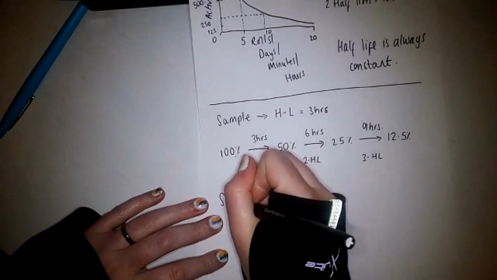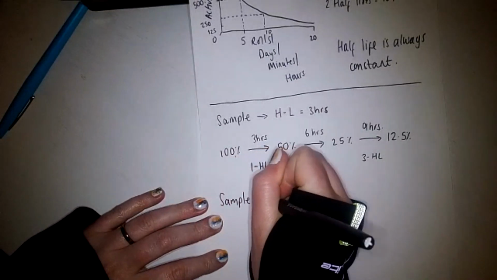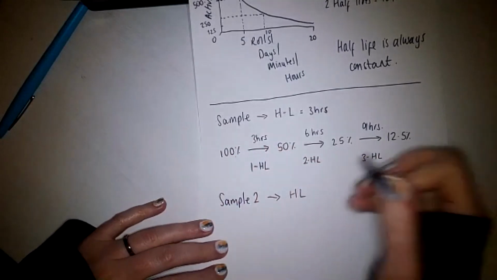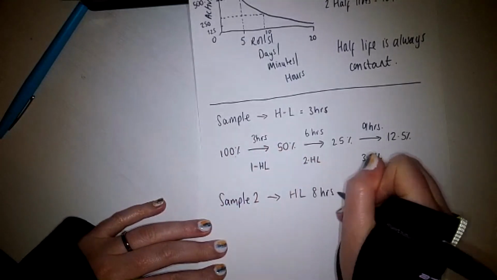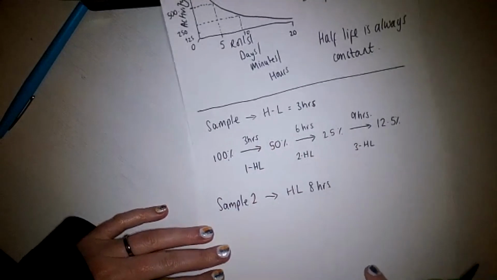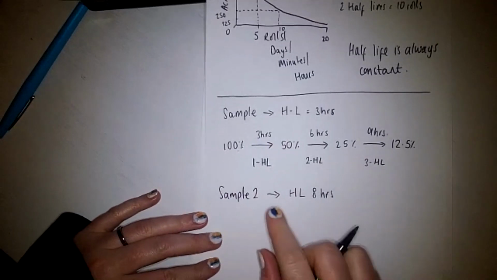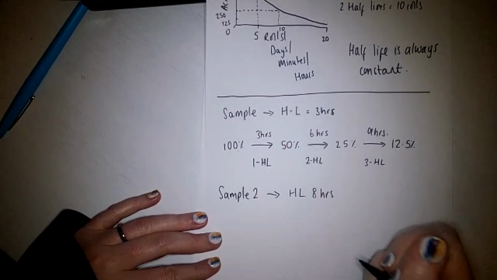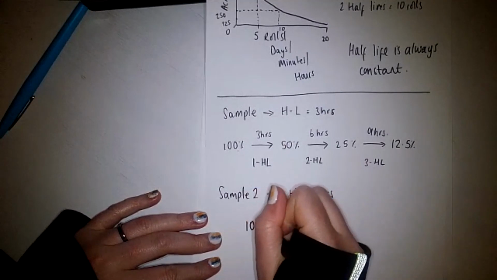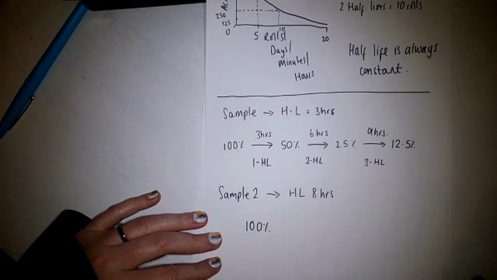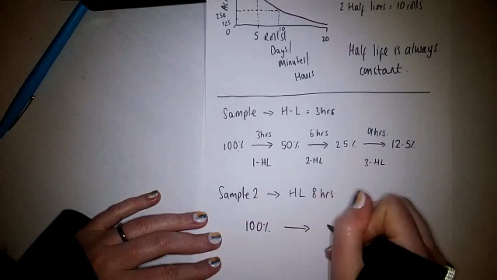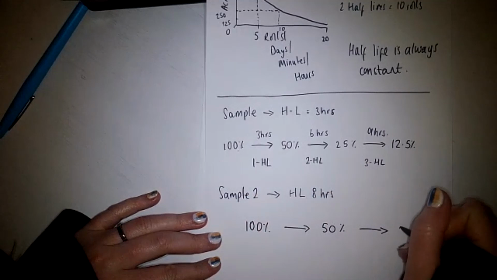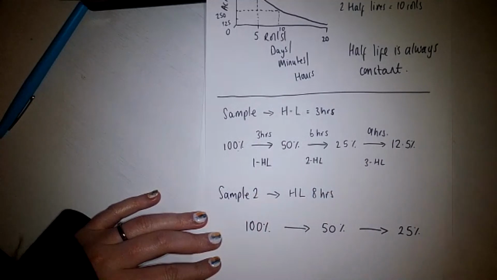Say sample 2 has a half-life of 8 hours, and I want to know how long it is going to take for the activity to fall below 25%. I'm going to start again with 100% of my sample. It's going to go to 50%, and then it's going to go to 25%.